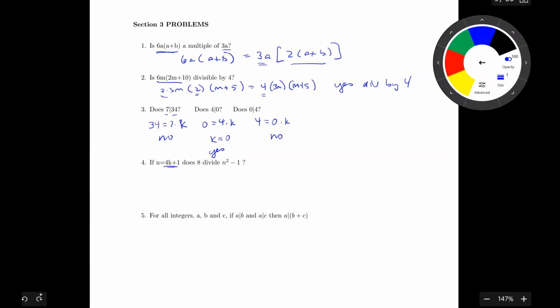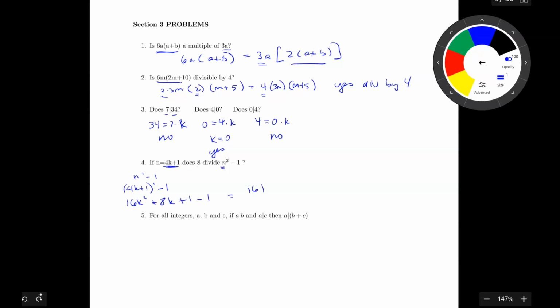Okay, so let's move on to one that's a little bit different. If n is equal to 4k plus 1, and we'll be seeing more things like this, does 8 divide n squared minus 1? So n squared minus 1, substituting this in, gives me (4k plus 1) squared minus 1. This gives me 16k squared plus 8k plus 1 minus 1, right?